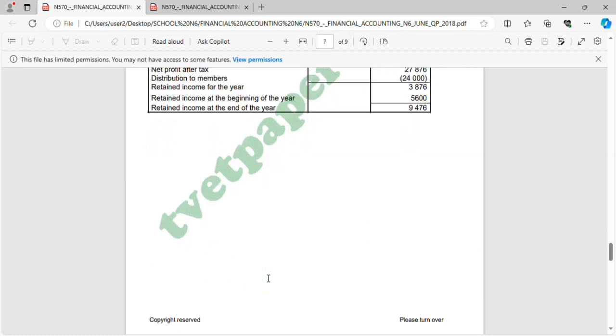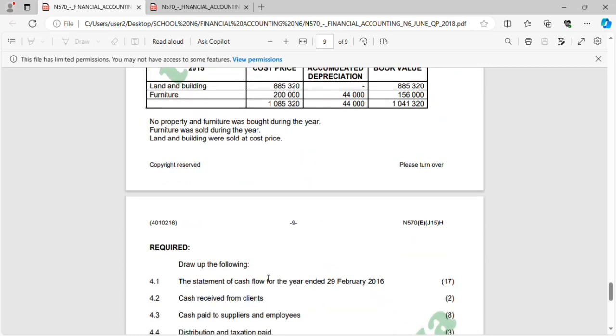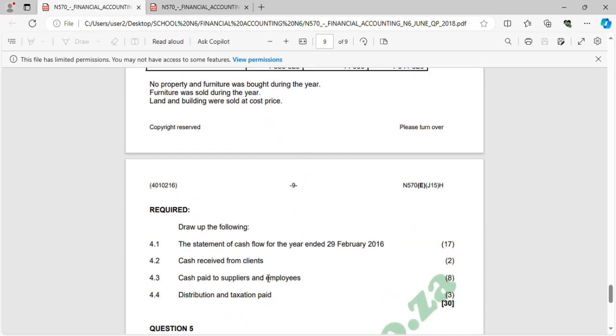The required asks us to prepare the statement of cash flow, also the notes of cash received from clients, the cash paid to suppliers and employees, and also distribution and taxation paid. I'm going to start with the notes before I proceed with the statement of cash flow.